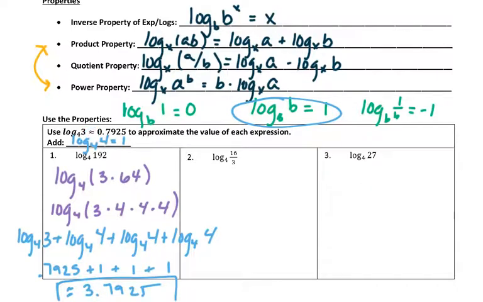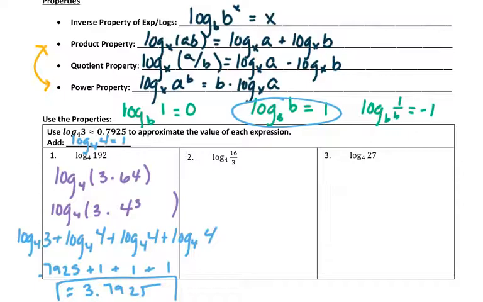So let me show you another way that you could go about doing this using another one of your properties, and then you'll kind of be able to see why this is like that. Notice that this is 1 plus 1 plus 1, okay? But I'm going to go back, and if I were to instead write 4 times 4 times 4 as 4 to the 3rd power, all right?